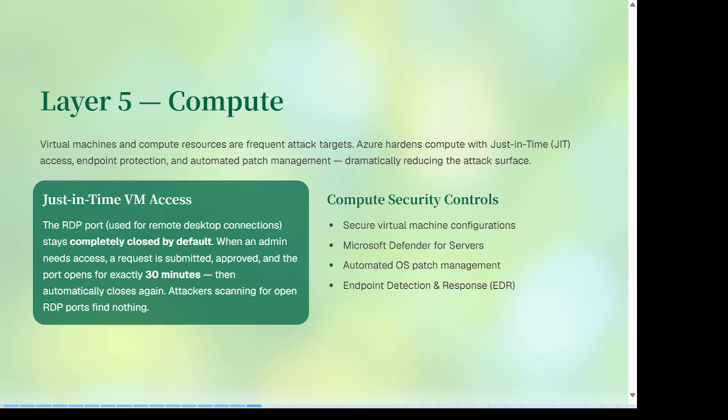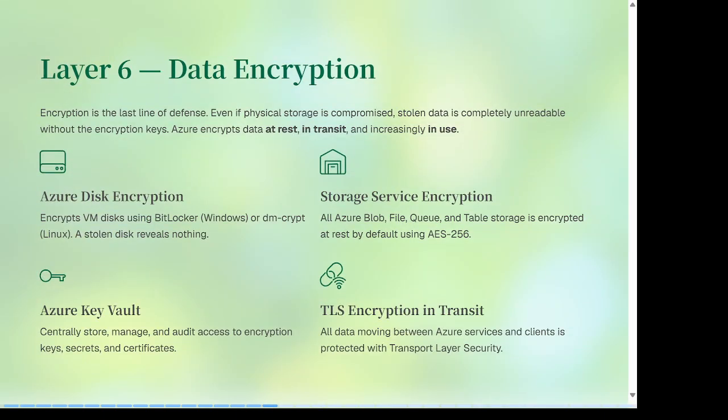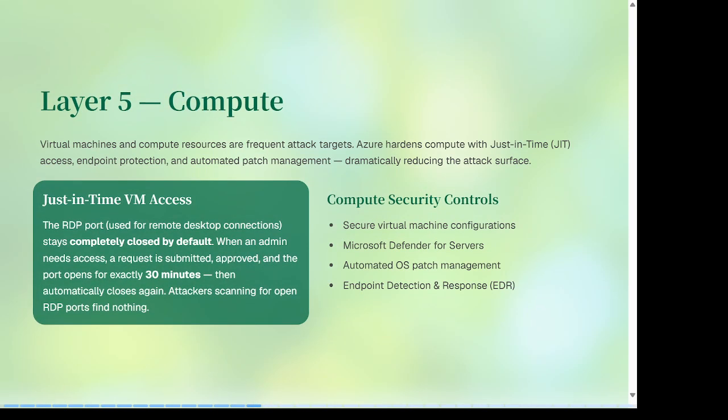So here, think about a company hosting a web application on an Azure VM. Without security controls, the RDP port might be open 24/7. Attackers could continuously scan and attempt login attacks.